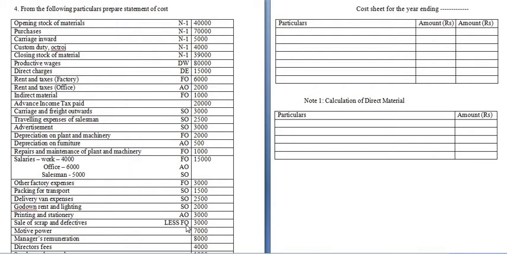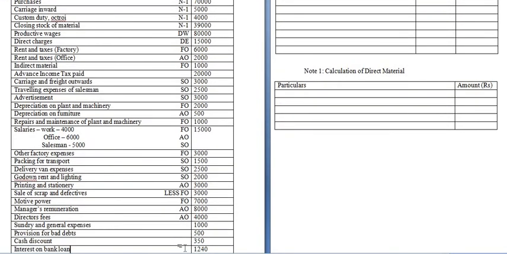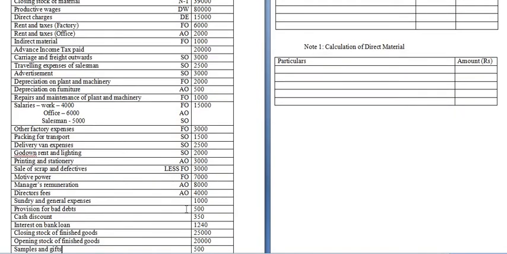So motive power has to be taken under factory overheads. Manager's remuneration, this is relating to office, so office overheads. Director's fees, again administrative overheads. Sundry and general expenses, it is administrative overheads.